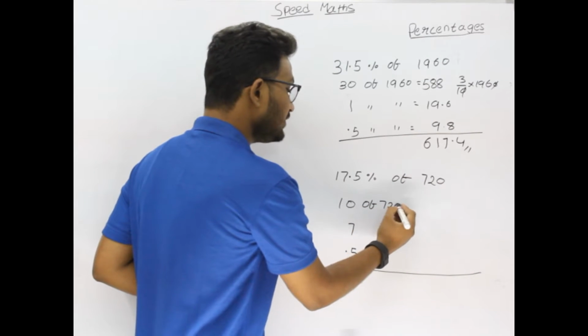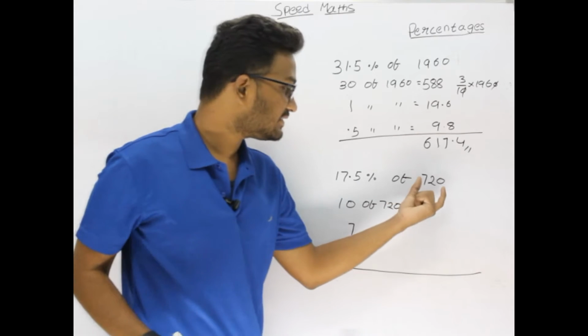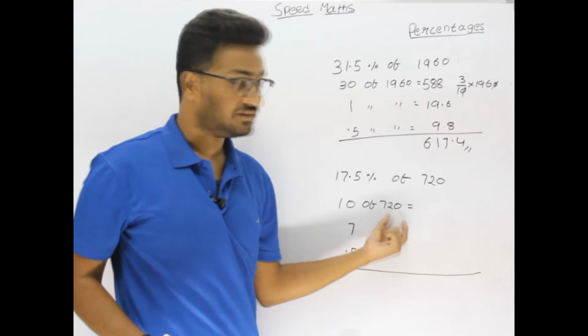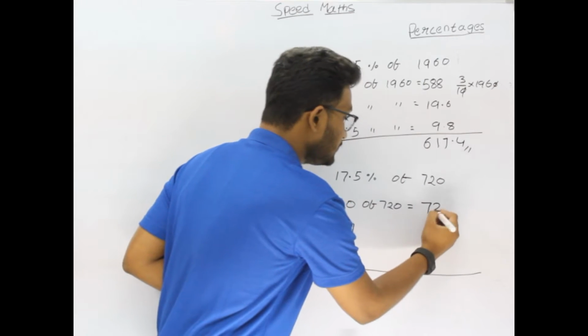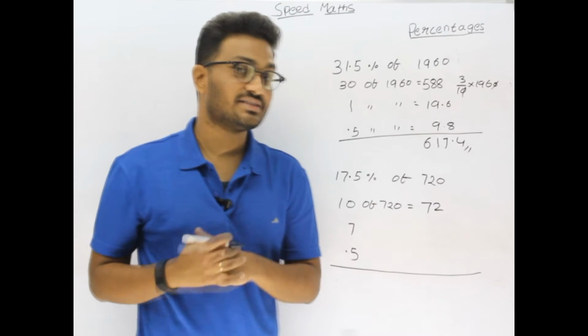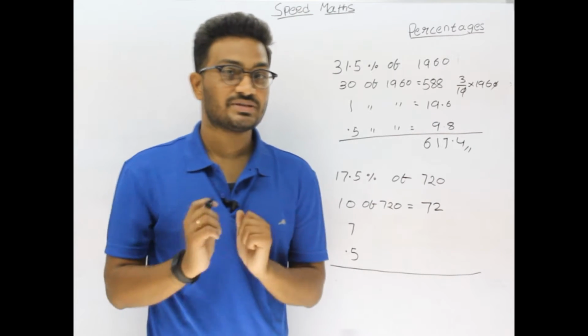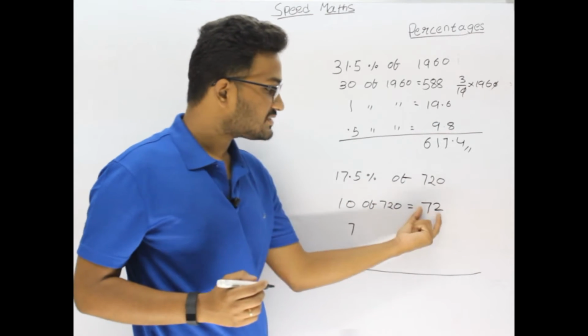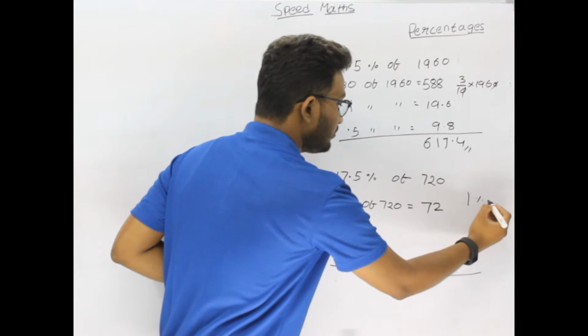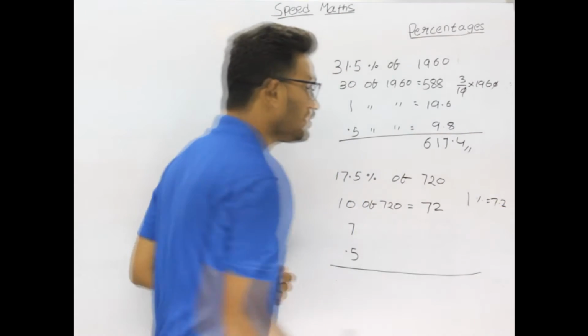10% of 720 will be, we know that this is 100%. To get 10%, we have to divide this by 10, which will give us 72. So 10% is 72. And what is 7%? In order to calculate 7%, we have to calculate 1% separately. What is 1% of 720? It is 7.2.